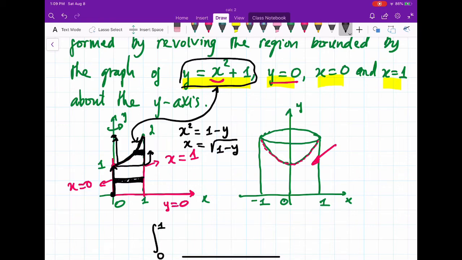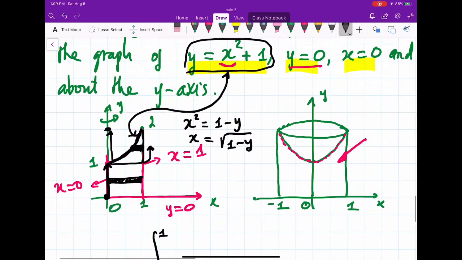The square root because you consider the case when x is bigger than 0. Does that make sense? Because usually when you apply the square root to a square, you have plus minus, but x is positive, so you have x equal to just plus square root of 1 minus y.